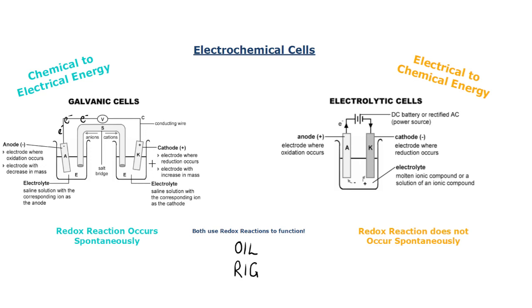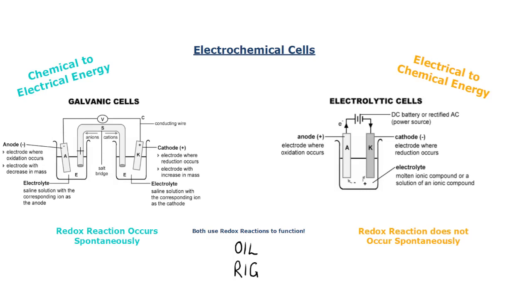On the other side, reduction takes place because those same electrons move up to this side, where elements gain the electrons coming in and some reaction takes place. So that's what a galvanic cell looks like.